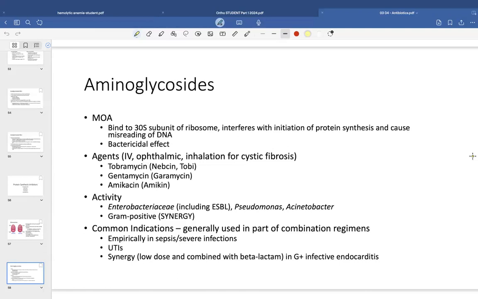So your septic patients, those with other severe infections, UTIs, because of the way the aminoglycosides distribute, very often for moderate to severe UTIs, you can actually use them by themselves, right? Like E. coli UTIs. Aminoglycosides can be effective therapy. But again, really the big usage, I think, more so nowadays is synergistic with beta-lactams, gram-positive.